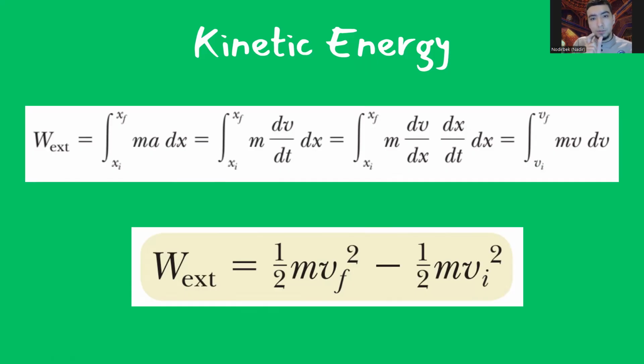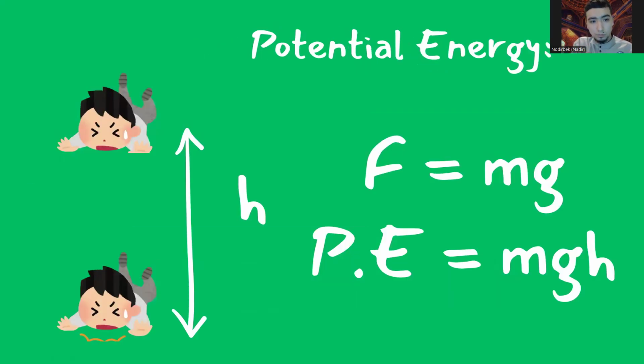So if the question gives you an initial velocity with a value, then you use this formula. If it doesn't, or if it says it was 0, then you use the formula from before, where the work done by the initial velocity will be just 0.